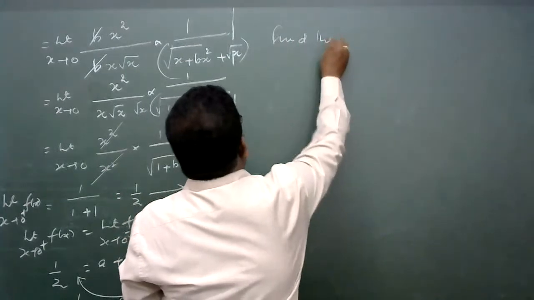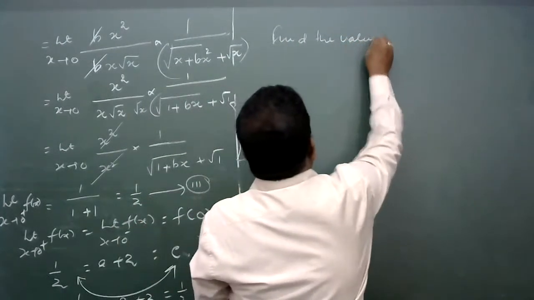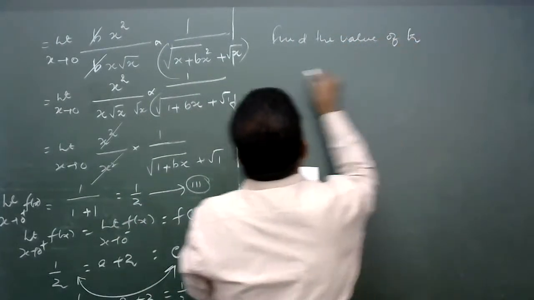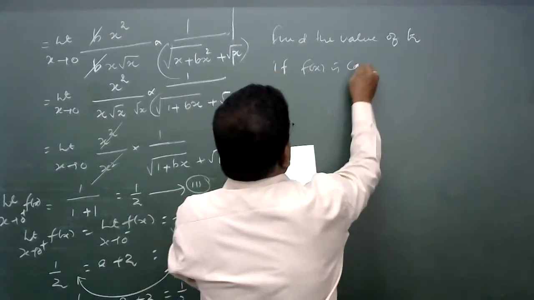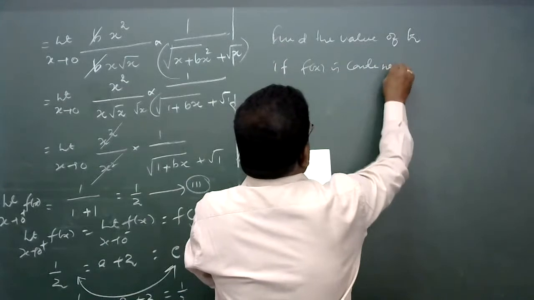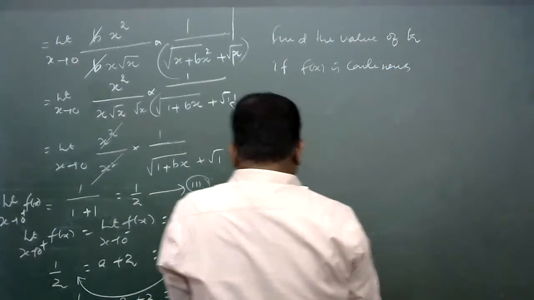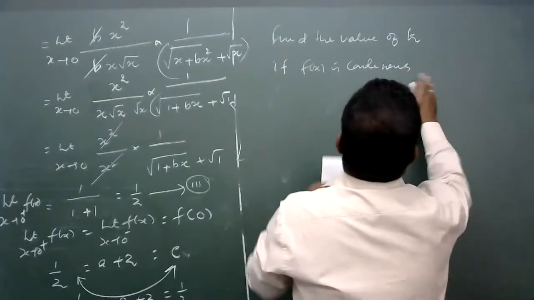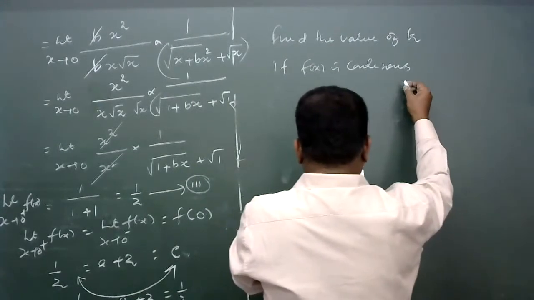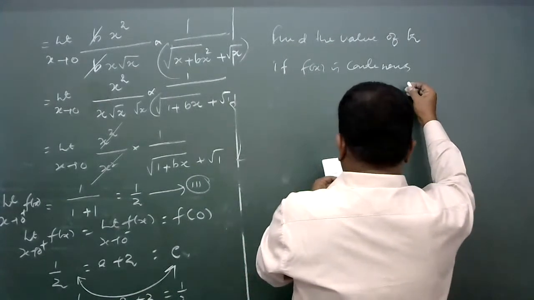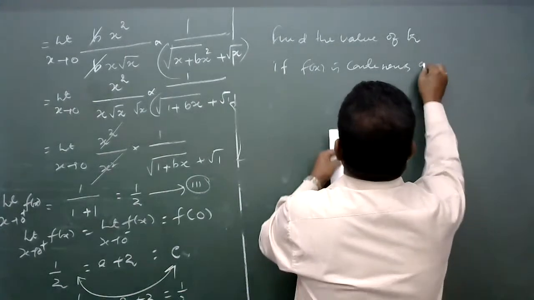Find the value of k if f of x is continuous. After hearing the word continuous, you have to recall immediately that the left limit is equal to the right limit, which is equal to the value of the function at the particular point.